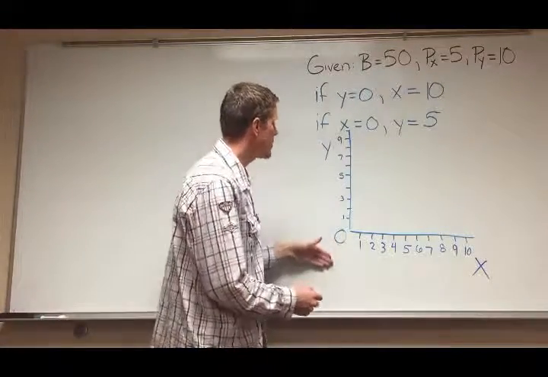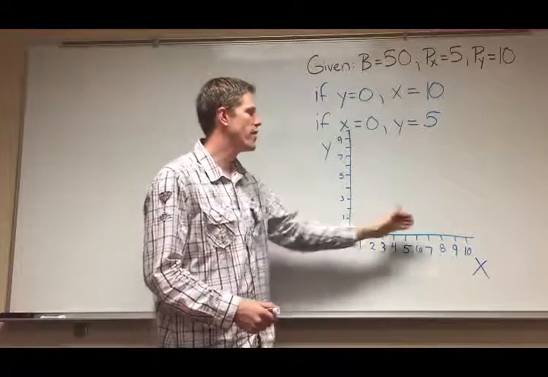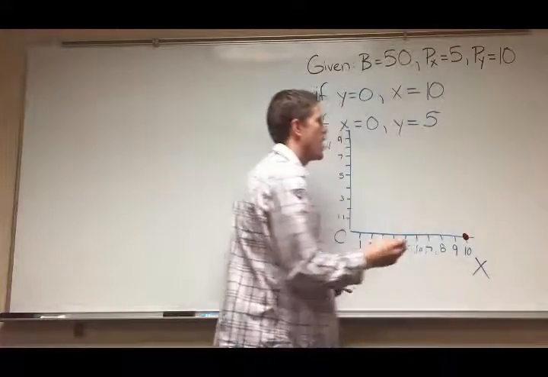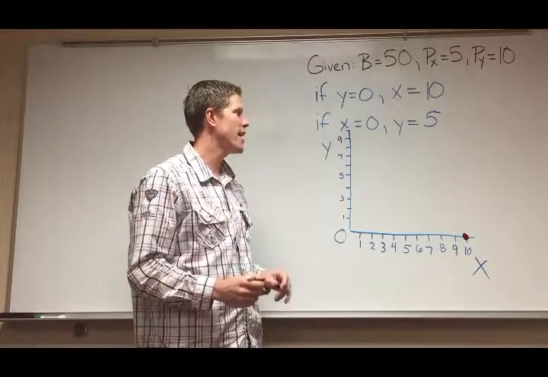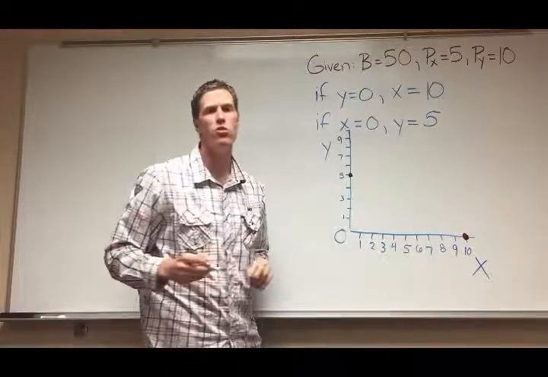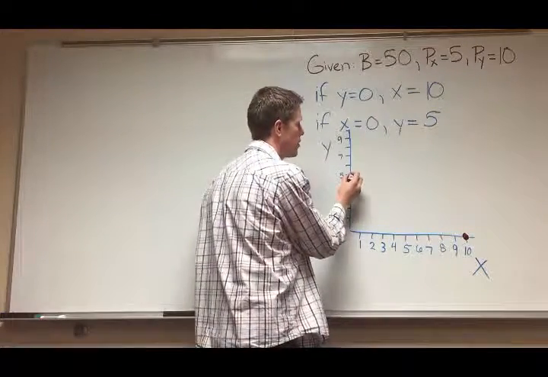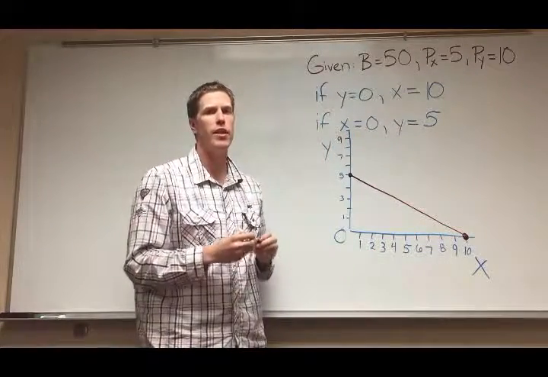If y equals 0, we go up 0 on the y-axis, and we have to go over to 10 on the x-axis. Then if x is 0, we go 0 over on the x-axis, and our y is equal to 5. So we have these 2 points. With the linear relationship that we have here, we can just connect these 2 dots, and that is our budget constraint.